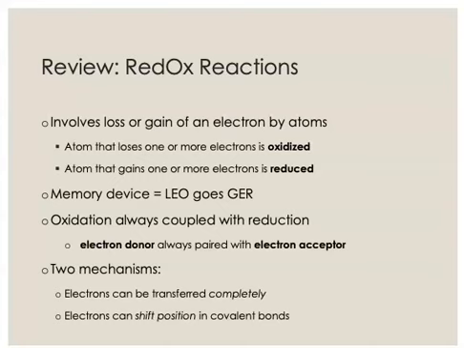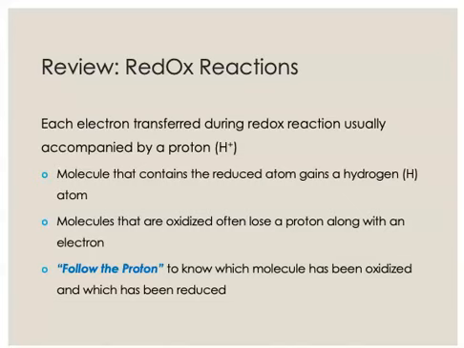And the opposite is also true. Molecules that are oxidized often lose a proton, along with losing an electron. So we talk about follow the proton in oxidation reduction reactions because we can identify the reduced molecule, particularly by looking for what has gained a hydrogen atom.